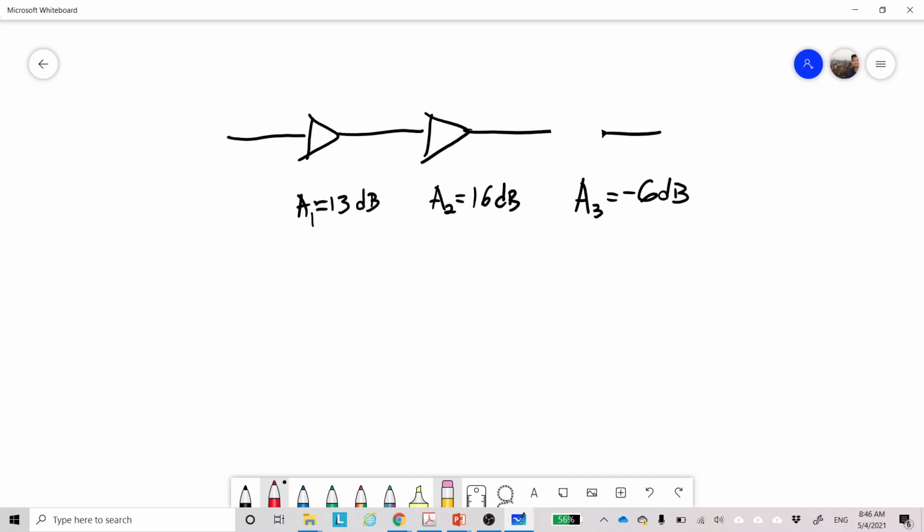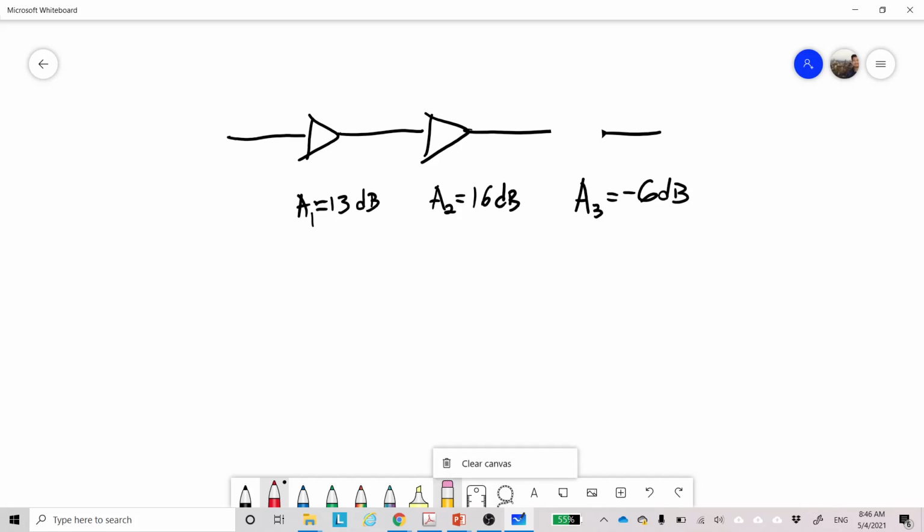It doesn't mention whether this is an amplifier, or a loss system or whatever. But you can see based on the decibel values. If it is positive decibel, that means it produces gain, so it is an amplifier, and if it is a negative value, that means it is a loss stage.